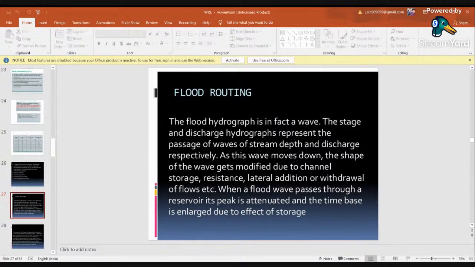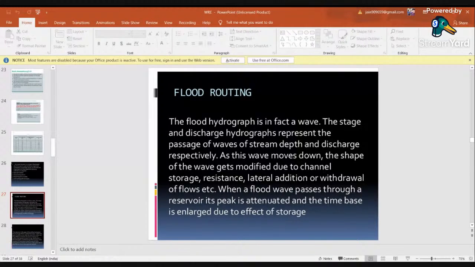So flood routing is basically a method that is applied to describe the process in the water course, and it is used to predict the temporal variation of flood waves at one or more points along a water course.